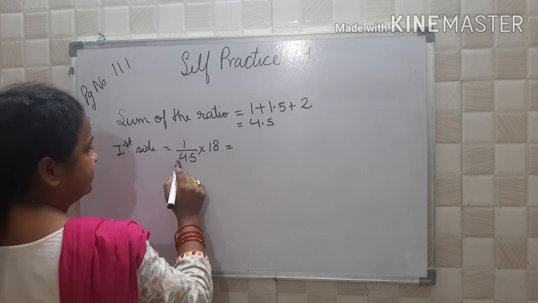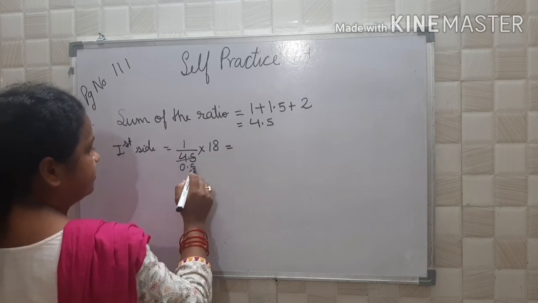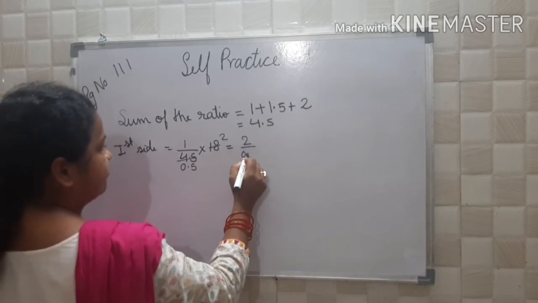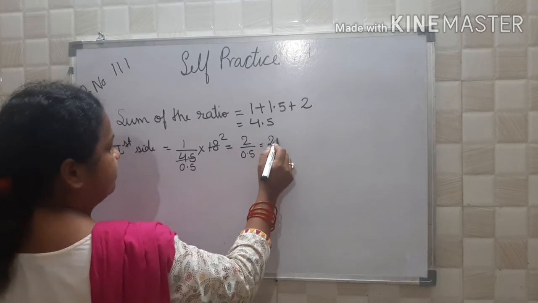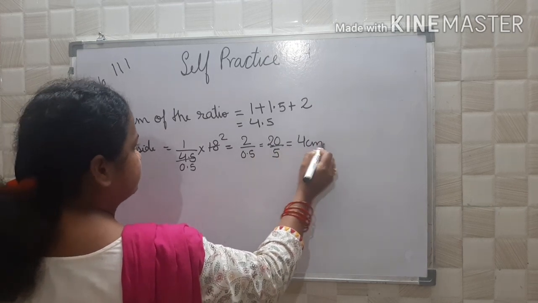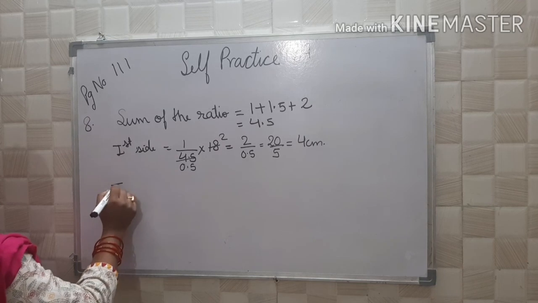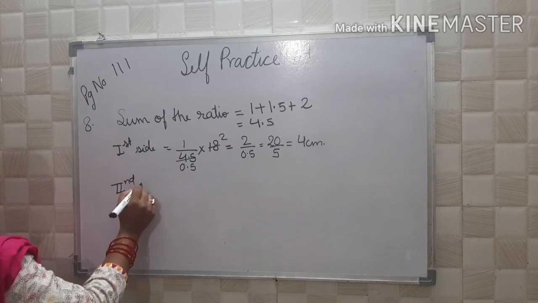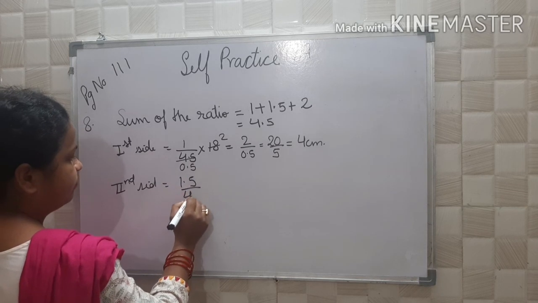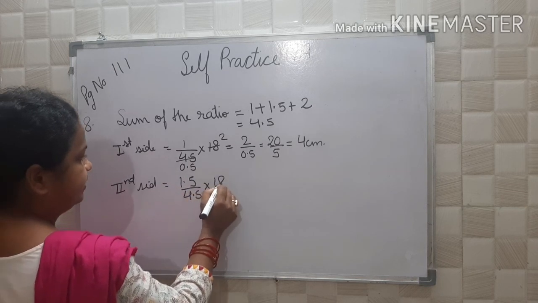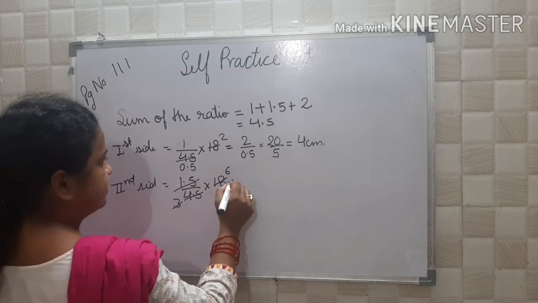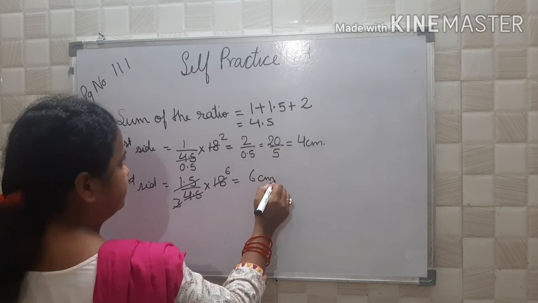Now 9 5s are 45 and 9 2s are 18. So 2 upon 0.5 means 20 upon 5, that is equal to 4 centimeter. Okay. Second side, 1.5 upon 4.5 into 18. So 1.5, 3s are 4.5 and 3 6s are 18, so it is equal to 6 centimeter.